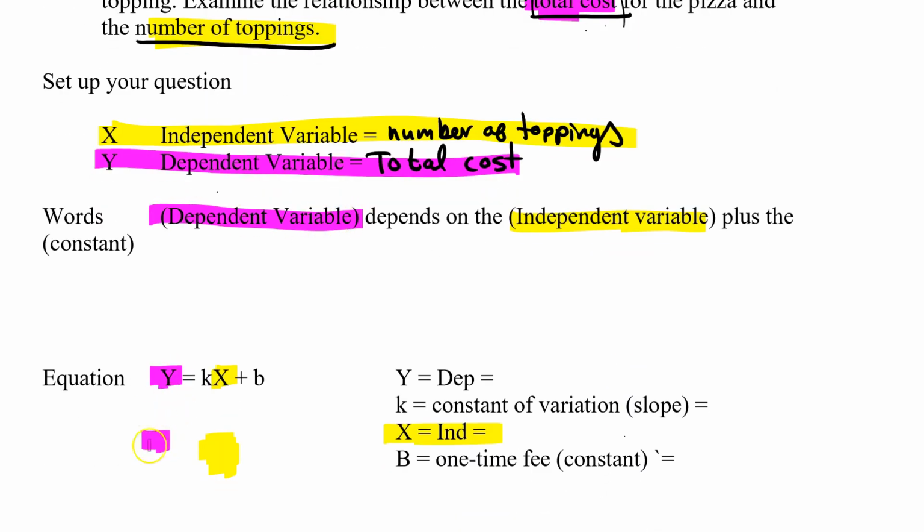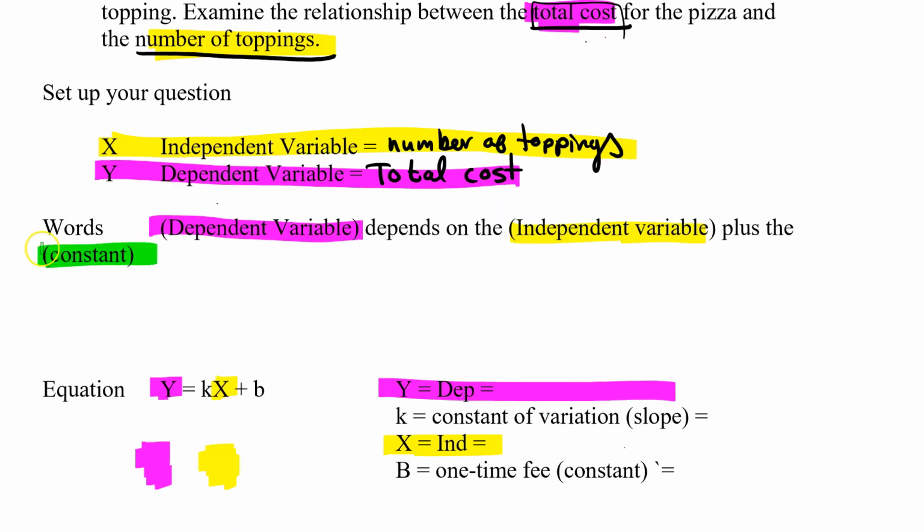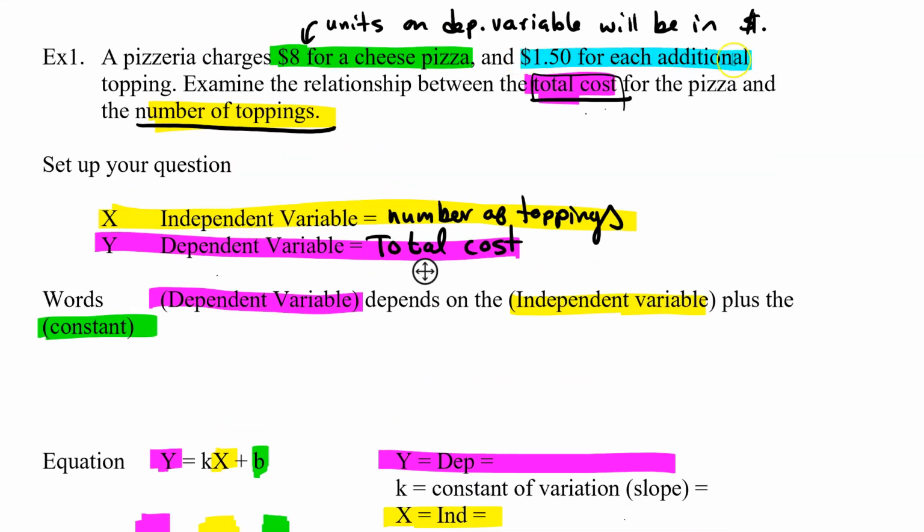This one, leave some room. My fixed value, or my constant, I'm going to do in green. Can leave a little space there and color that one in. And last but not least, my slope or constant of variation is going to be blue.